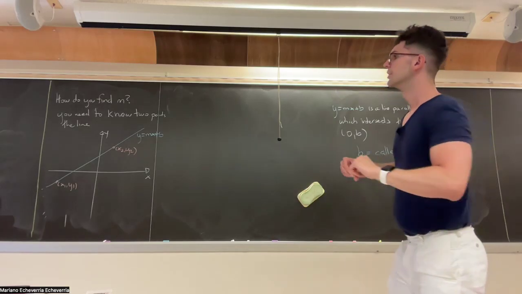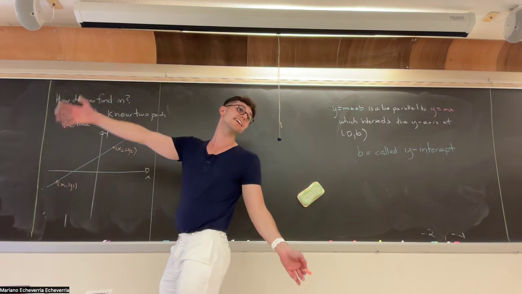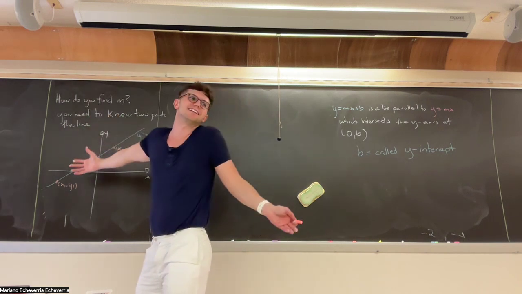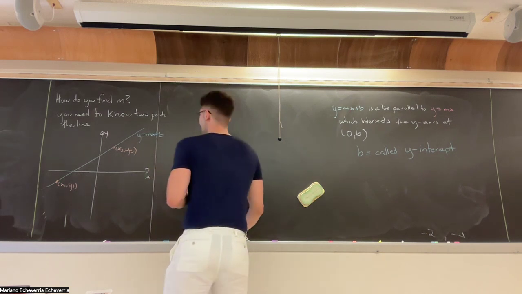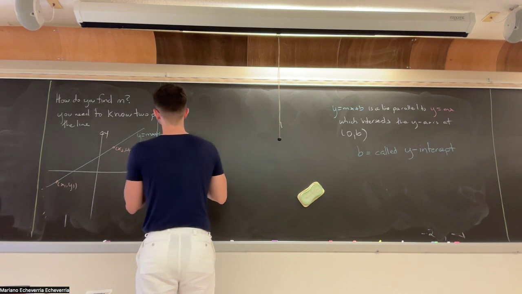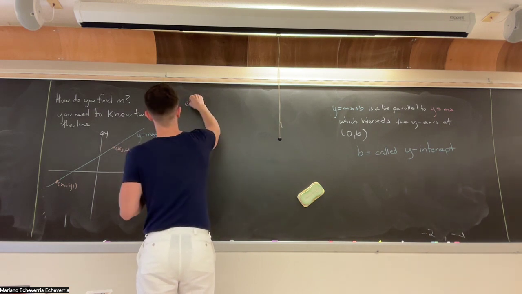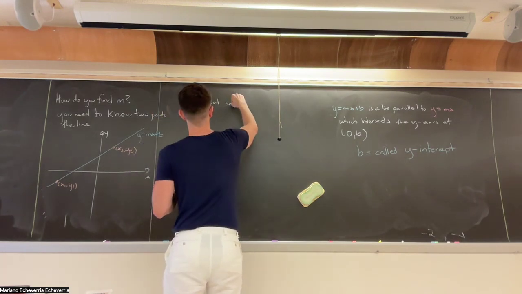So what can you do? If the points are on the line, then that means that they satisfy the equation of the line. That is exactly what it means to be on the line. So each point satisfies the line equation.